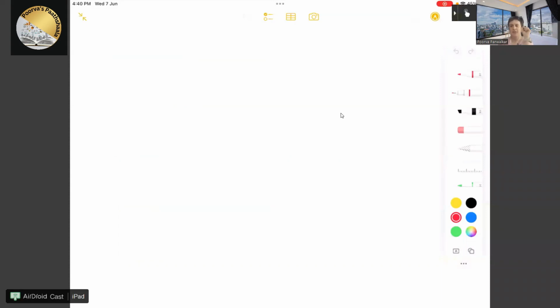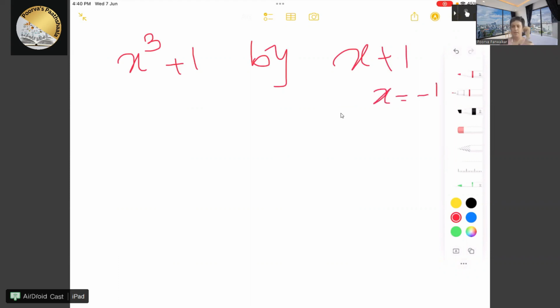Okay, so this was a comparatively simpler example. If I have to divide a polynomial like x cube plus 1 by x plus 1, the first step stays common, where my x equals minus 1. Minus 1 becomes my divisor. But in this case, you all will observe that my terms like x square and x are missing.